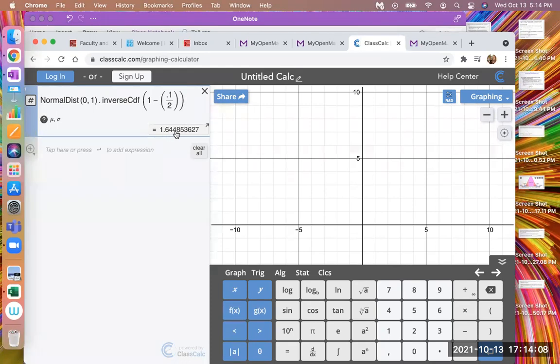I probably want to keep that really accurate to at least maybe 6 decimal places or so when we actually plug this in. So you write it down. Okay, so it is 1.64485. And I'll just keep one more decimal place, which would round to 4. All right.